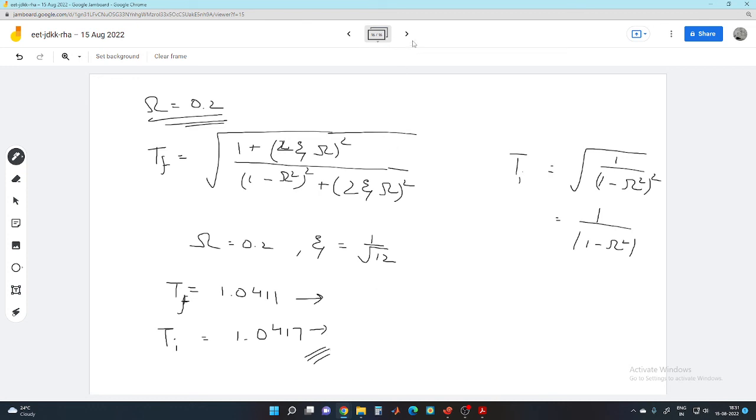But remember, transmissibility does not equate with the amplitude of vibration. Transmissibility is basically the ratio of vibration. Like if the base is exciting at x1 and the mass is exciting at x2, so x2 upon x1 is basically the transmissibility, how much vibration is transmitted to the body.